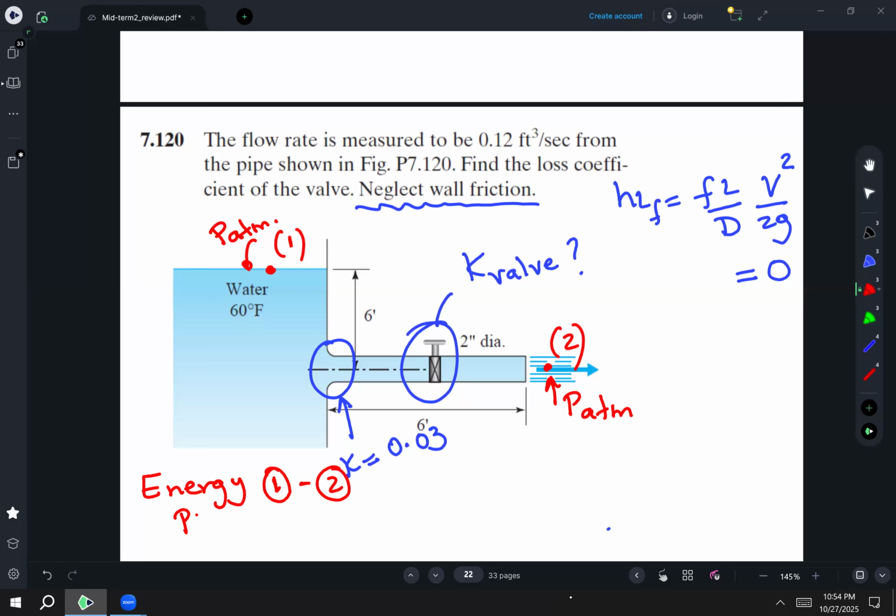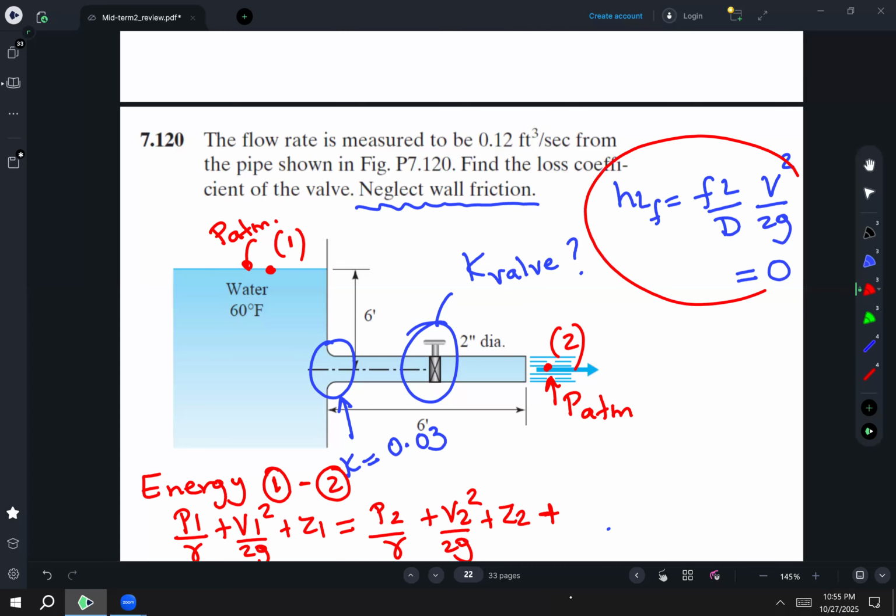So I have pressure 1 over gamma plus velocity 1 squared over 2g plus elevation 1 is equal to pressure 2 over gamma plus velocity 2 squared over 2g plus elevation 2 and plus the head losses. In this case, we only have local losses because the friction losses are equal to 0.